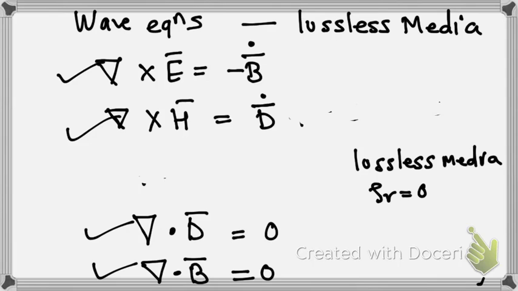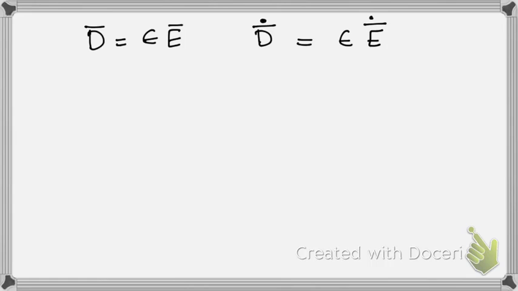Again we will consider some formulas we know already. So what are those formulas? We have D bar is equal to epsilon into E bar, that we already know. If I take the derivative of D bar with respect to time, it becomes D bar dot, so the right hand side changes to epsilon E bar dot.